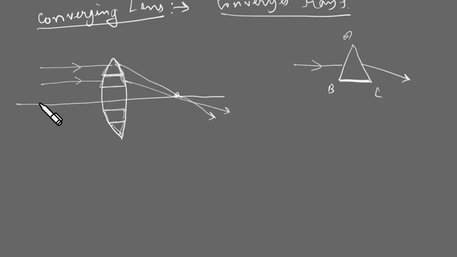And a ray which goes through the principal axis falls on this part of the prism.